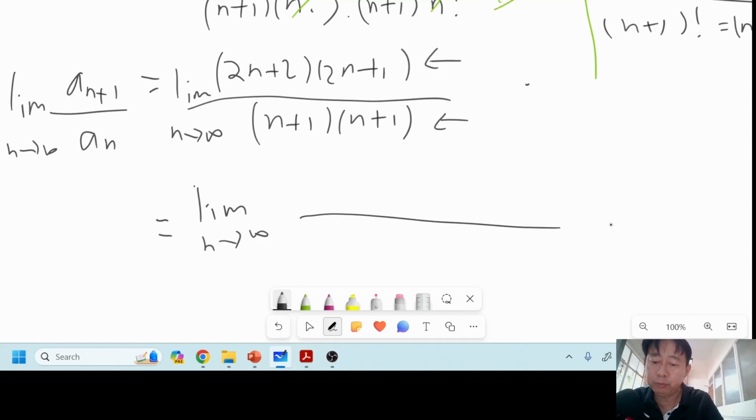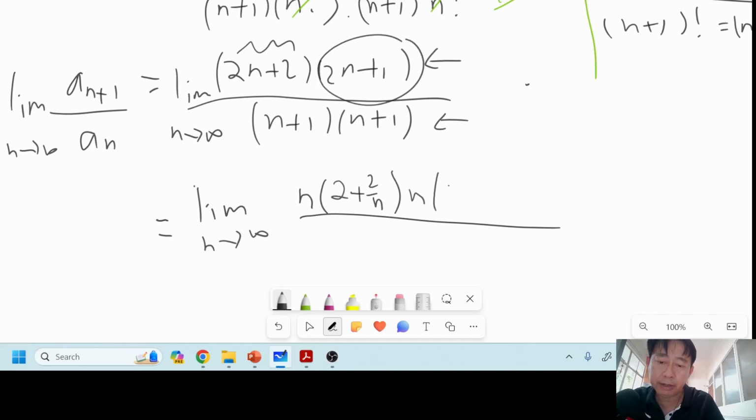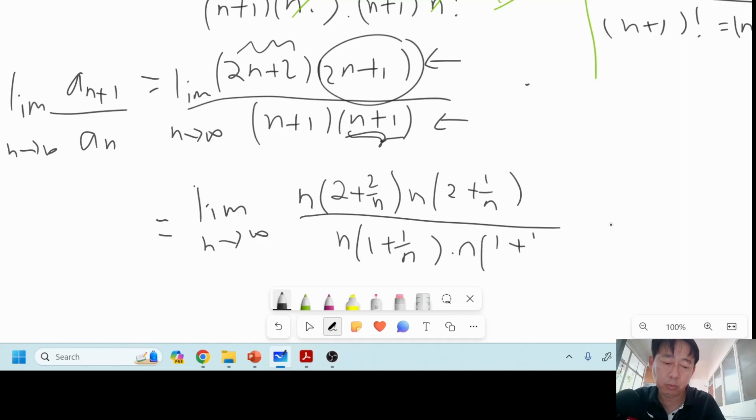Upstairs, when I pull out n from the factor 2n plus 2, what I'm left with is 2 plus 2 over n. And for this term, when I pull out a factor of n, I'll get 2 plus 1 over n. Downstairs, I'm going to pull out n, and what is left is 1 plus 1 over n. Then this term also contributes n times 1 plus 1 over n.